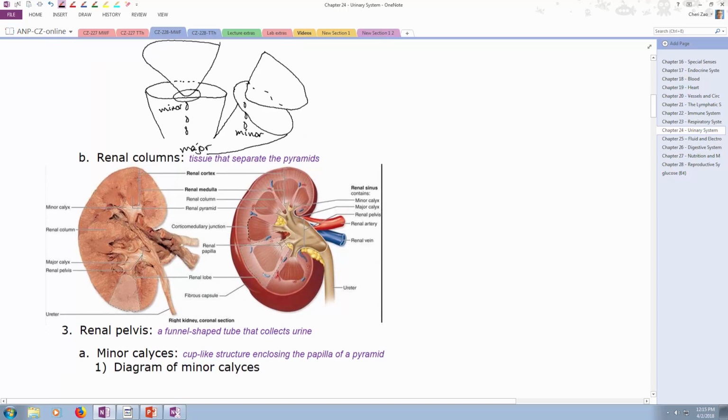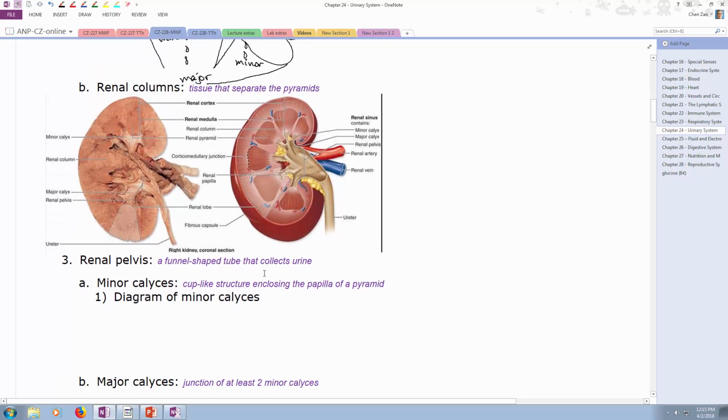Renal columns indeed separate the pyramids and contain our interlobar blood vessels. This cartoon to the right is, again, structures that are actually easy to identify: cortex, pyramid, medullary area, columns.